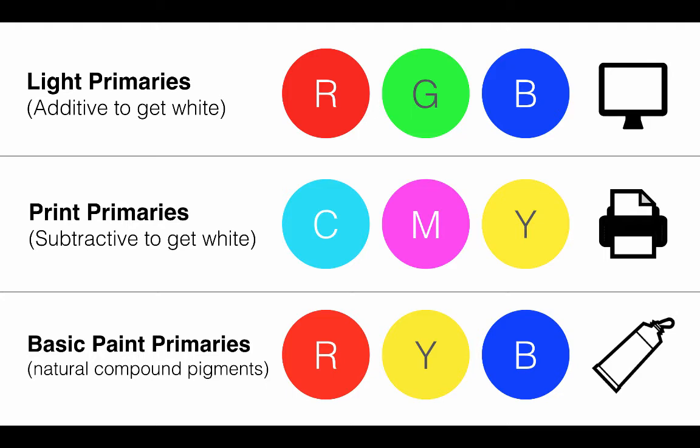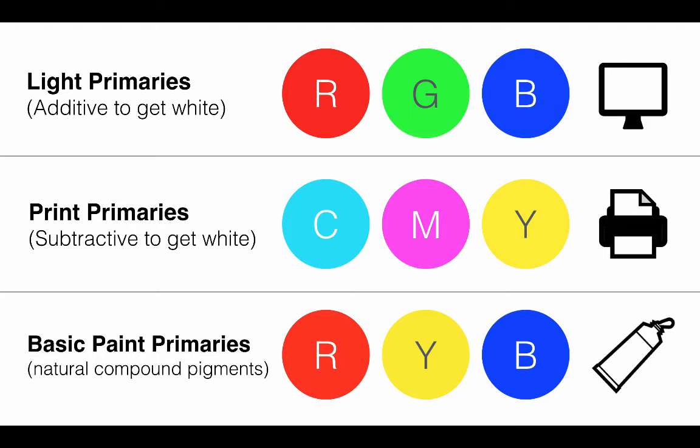The other thing I like to mention is that, regardless of all these other primaries we're going to discuss, I always like to think of light primaries, or additive or spectral light primaries, as the real primary colors, because light is the way that we see.